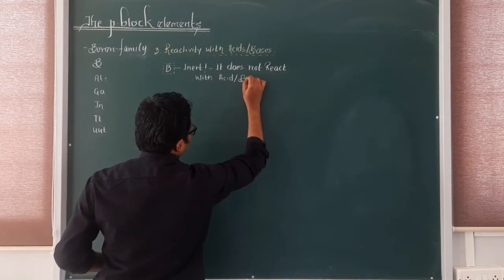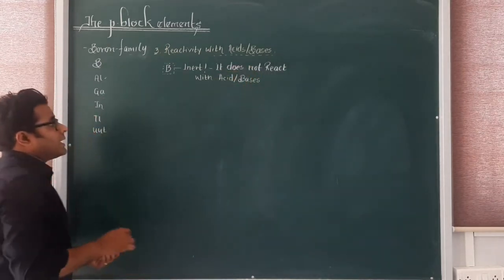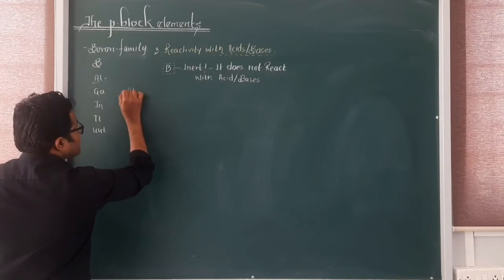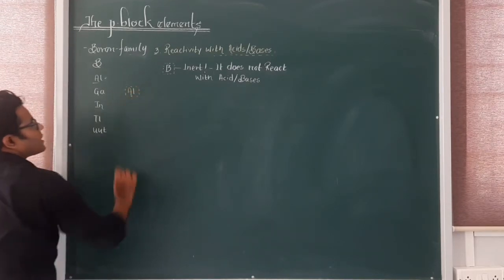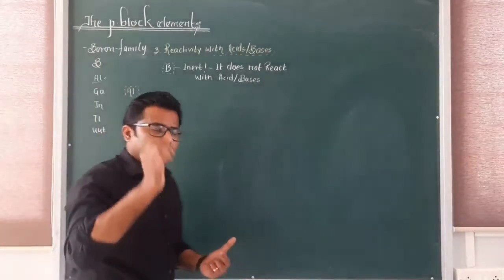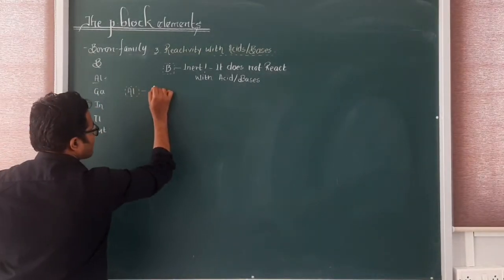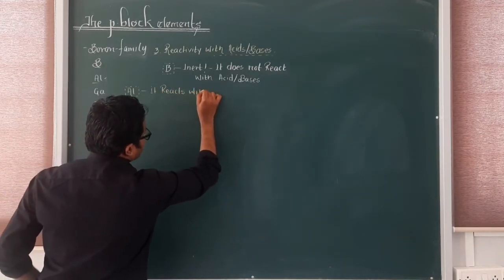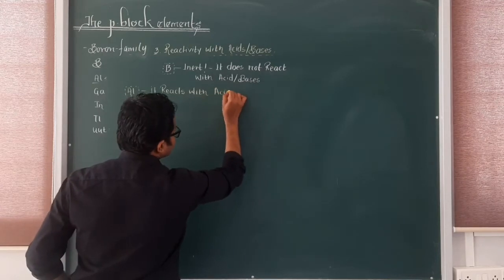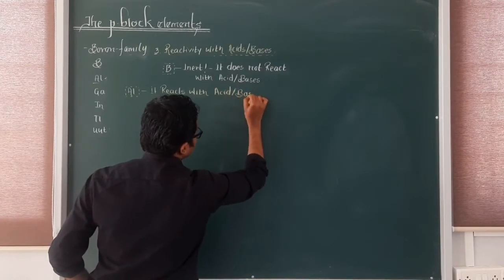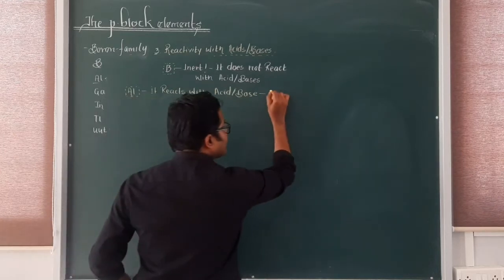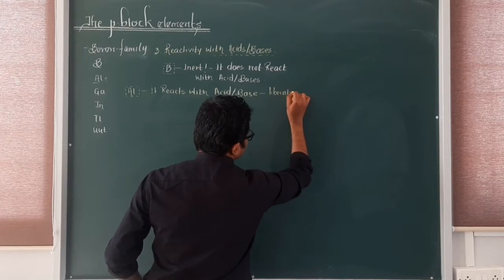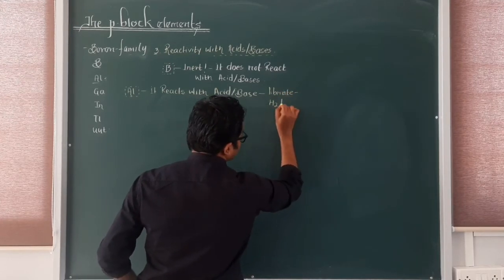or with bases. Okay, on the other hand, when we observe aluminium, as we have already spoken about its amphoteric nature, it reacts with acids and bases in order to liberate dihydrogen gas.